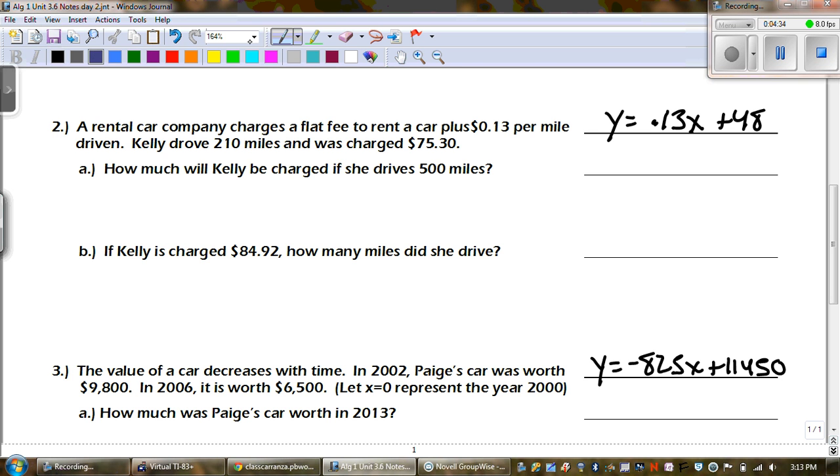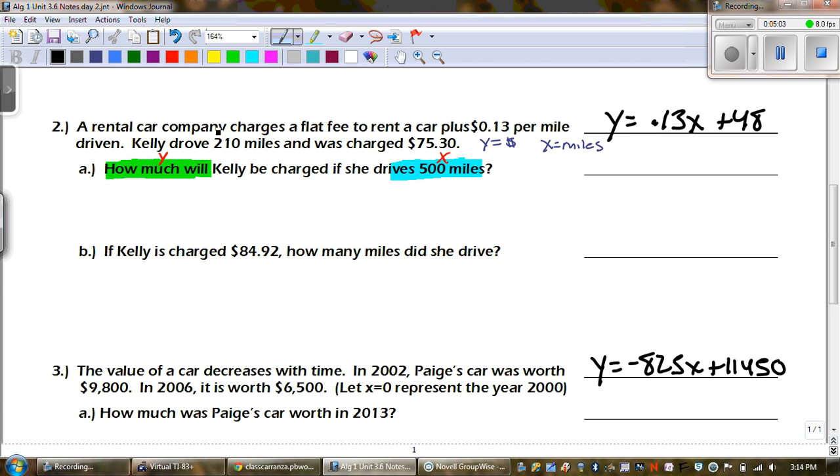When we were talking about our labels, once again, we know that y equals money, so x equals miles. How much will she be charged for 500 miles? Here's your y, and here's your x.